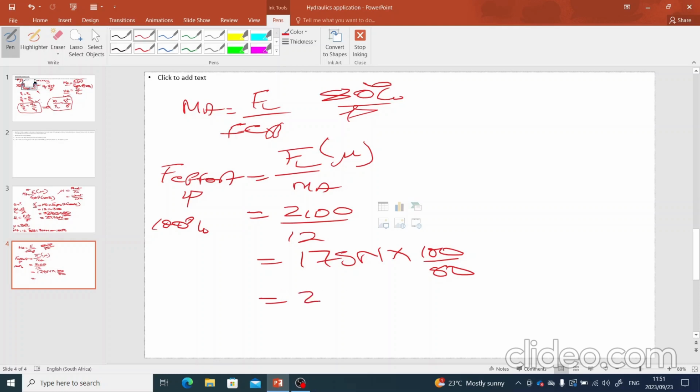Our answer now is 218.75 Newton. Now, we've managed to step up the effort from 80 to 100%, because the 100% is human ability. It has to do with your ability as a human, hence we are assuming it to be at 100%. This is how you work out the concept of efficiency, F load and F effort: stepping it up and stepping it down. That's how you work it out.